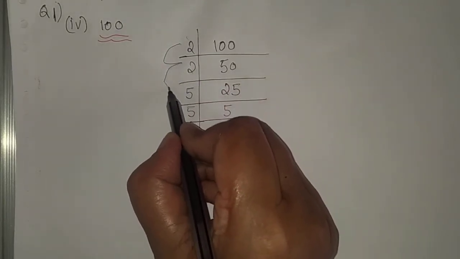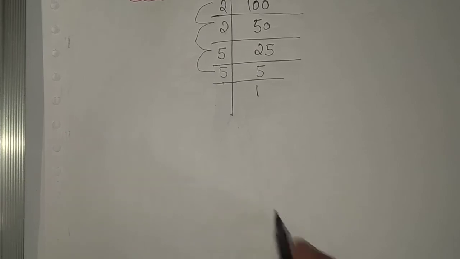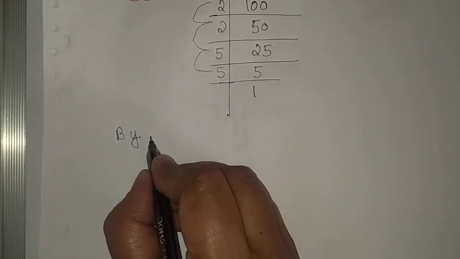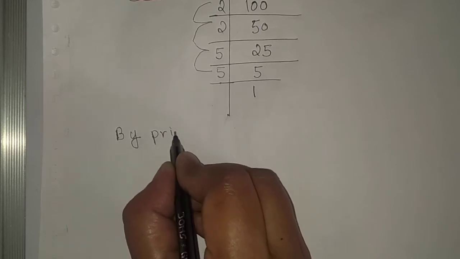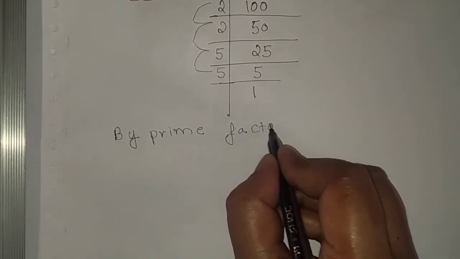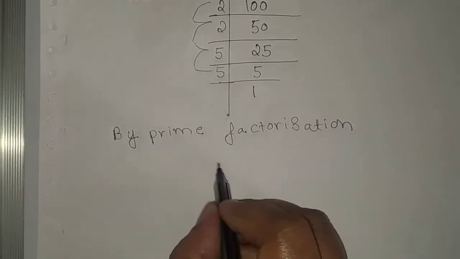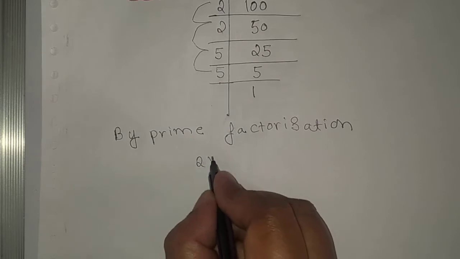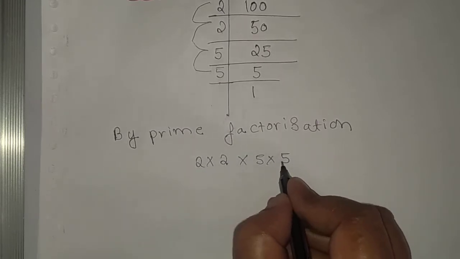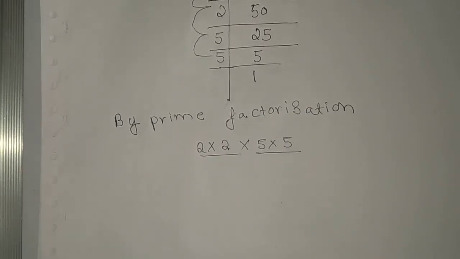Multiply all this. So next step is write down by prime factorization. What is this? That is 2 into 2 into 5 into 5. So we can't group. There are only two numbers of 2.